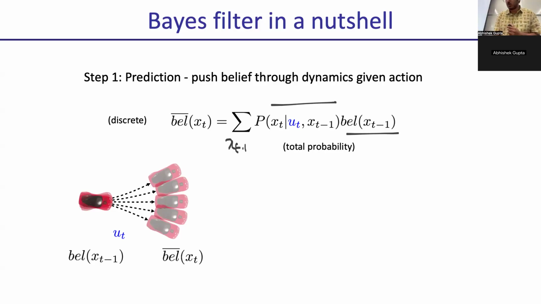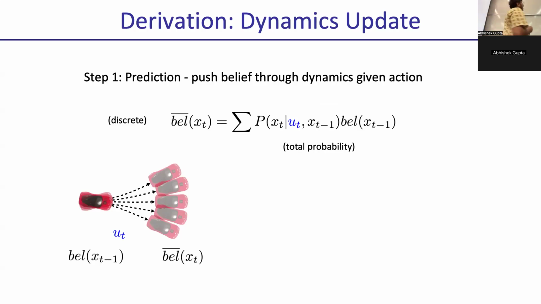Okay, so we are going to try and work this out and derive this. The important thing we need to start by defining is belief and belief bar. Your belief bar is p of xt given u1 to t, z1 to t minus 1.